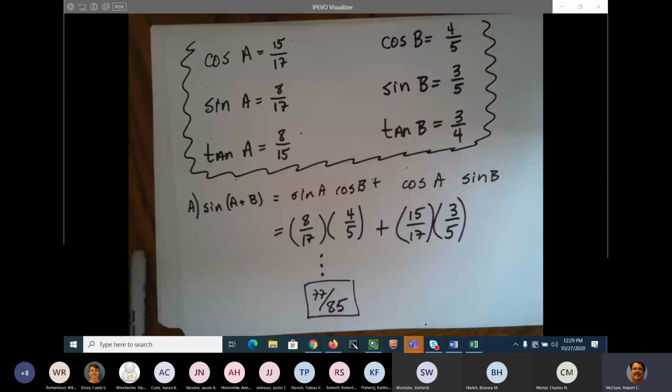Now, how many of you saw this question in your homework and said, I have no earthly idea how to do this? Raise your hand. Just one person? Come on. Okay, now those people that raised your hand, how many of you know how to do it now?